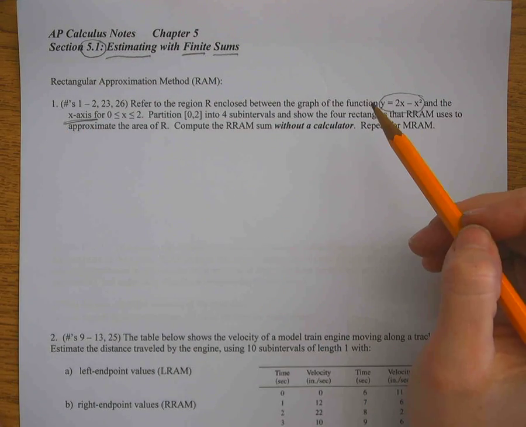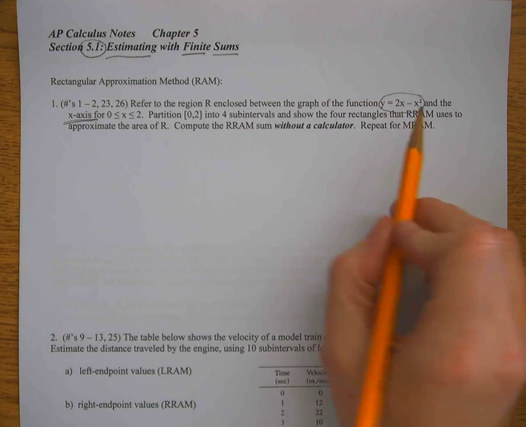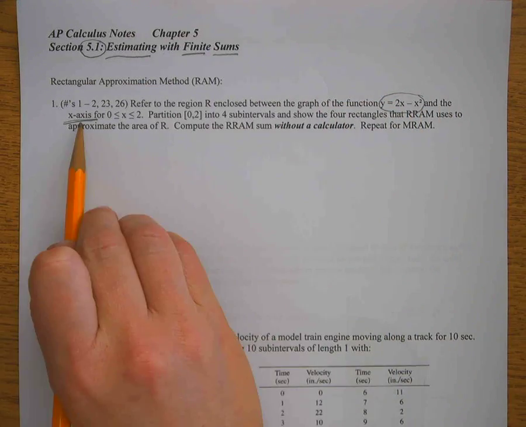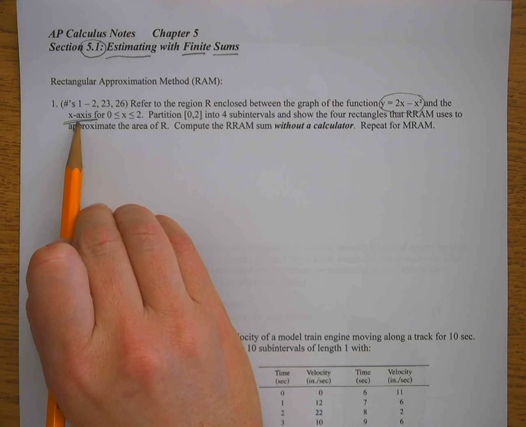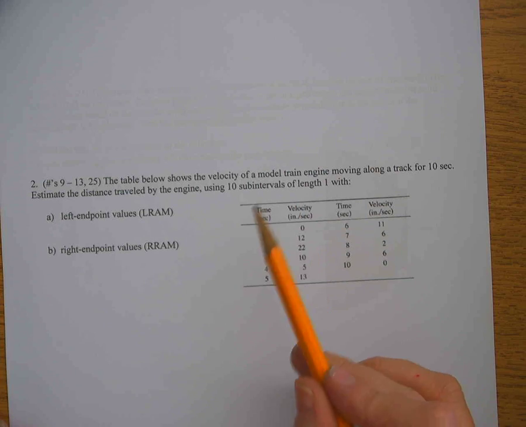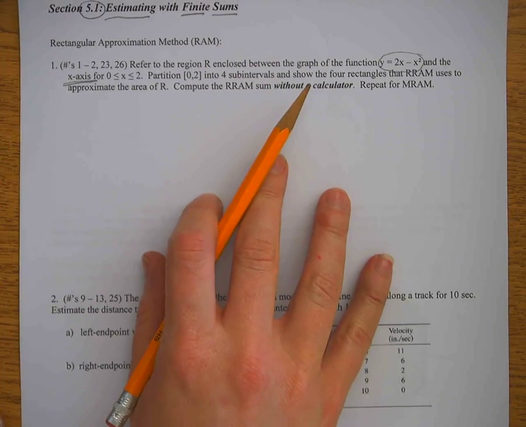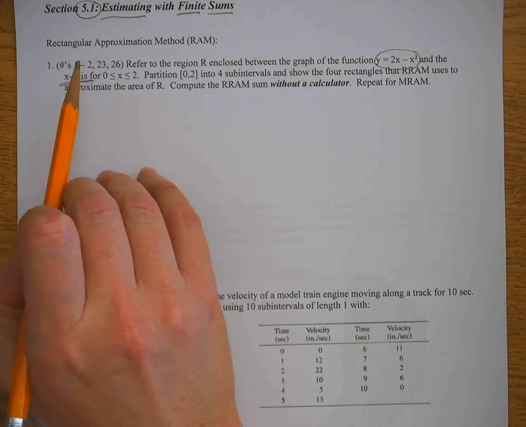An important point is that the areas we're going to be finding today are either under some curve, between that curve and the x-axis, or between some set of data, some y values, some points, some ordered pairs, and the x-axis. So all of our areas are going to be above the x-axis for today.